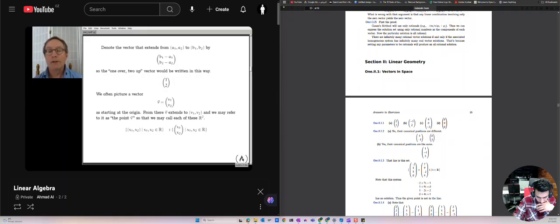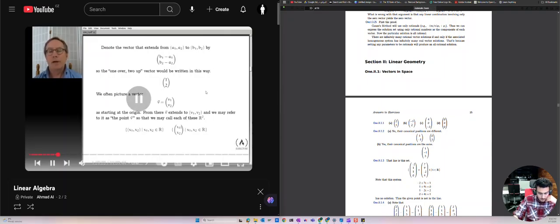So we often say that the plane is the set of points x1 comma x2, or the plane is the set of vectors x1, x2. And we won't really distinguish all that much.